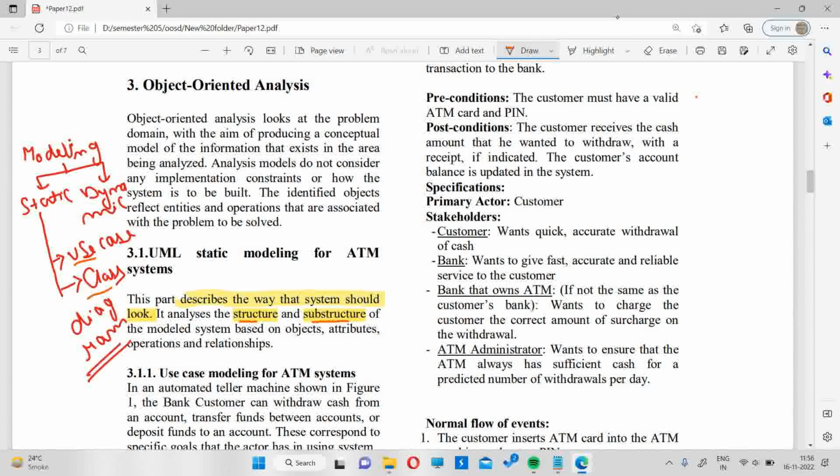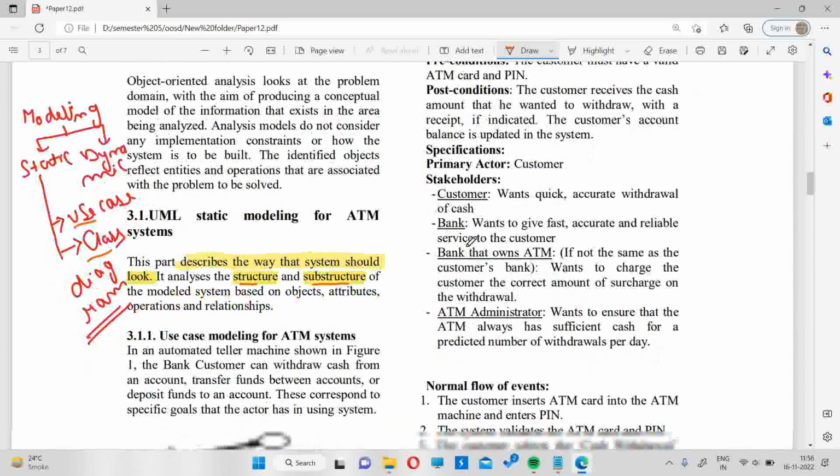To understand with an example, suppose you are making a building. For that, we hire an architect and he makes a design. He tells us about the physical appearance of our house, how it will look. There will be various structures and substructures in our house. The same goes for the designing of any system.